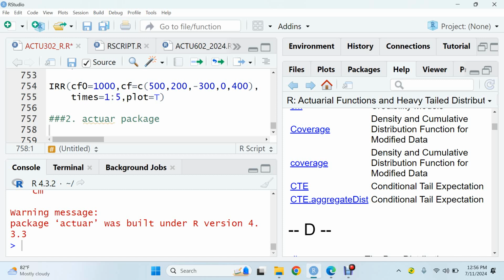Okay. Now, we can also say that, given that the loss, so this is a conditional, is, let's say, over 100,000, okay, what is the probability that it will exceed, let's say, 200,000?